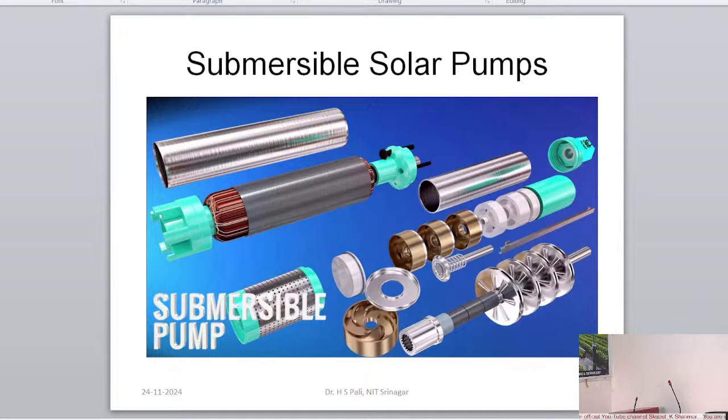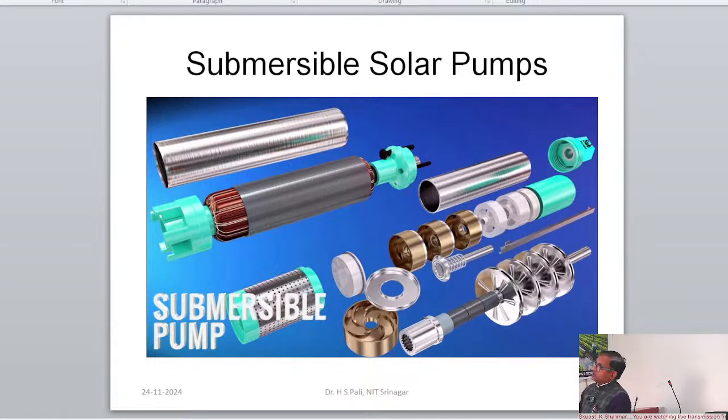You can see here 1, 2, 3, 4, these structures are the different impellers. These impellers are based on one shaft, and the shaft rotates through the electrical energy and supplies the water.